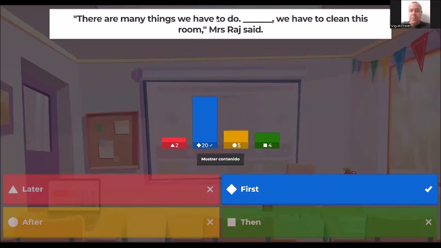There are many things we have to do. First, we have to clean this room. Well done. First is the conjunction.